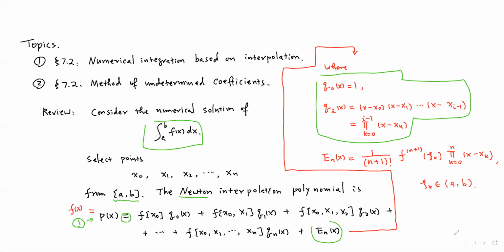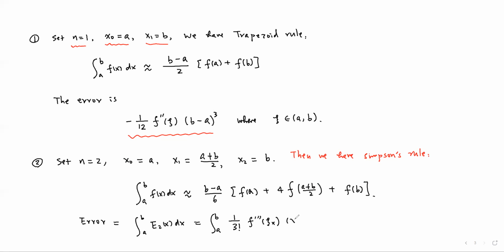Then times this product: (x minus x0)(x minus x1)(x minus x2) dx. x0, x1, x2 are defined here.